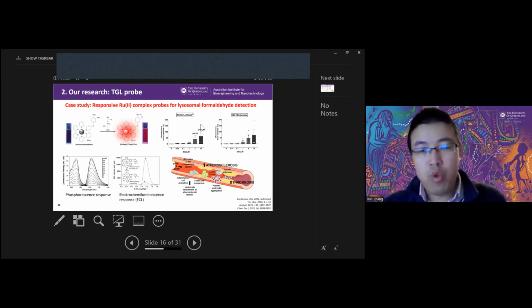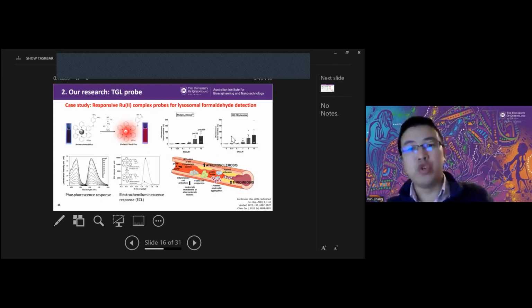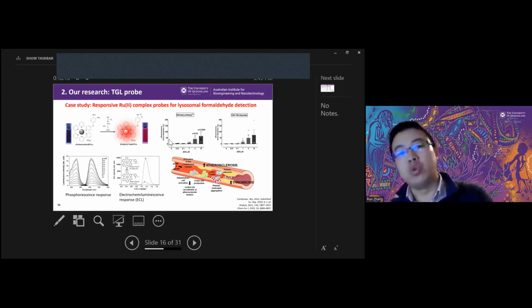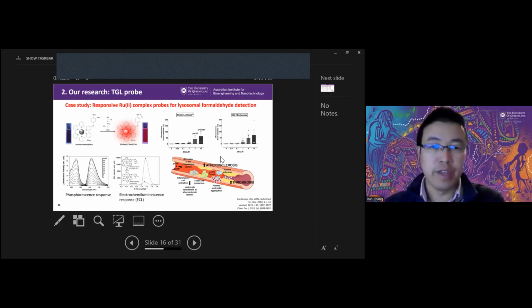Later on, we compared this probe for nitric oxide detection in biological samples with the commercially available probe, DAF-FM. We can see our probe has comparable or even better performance in the detection of nitric oxide in biological samples.